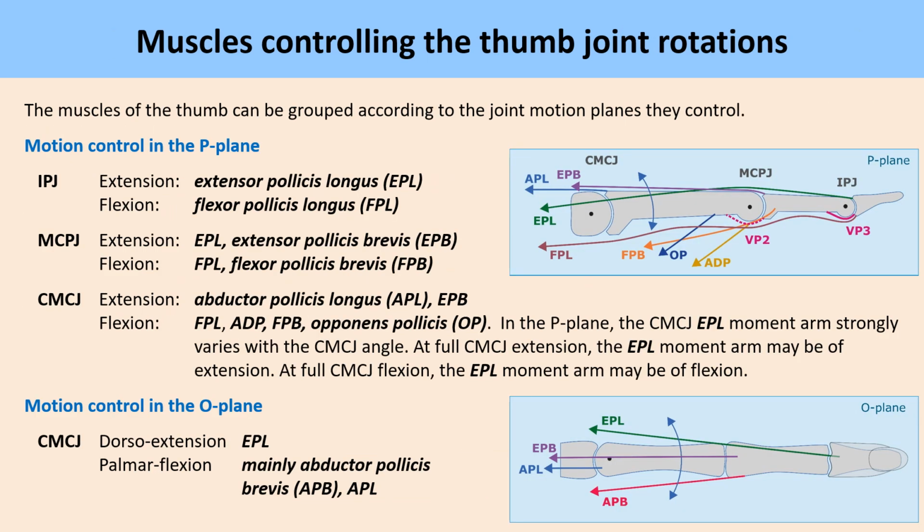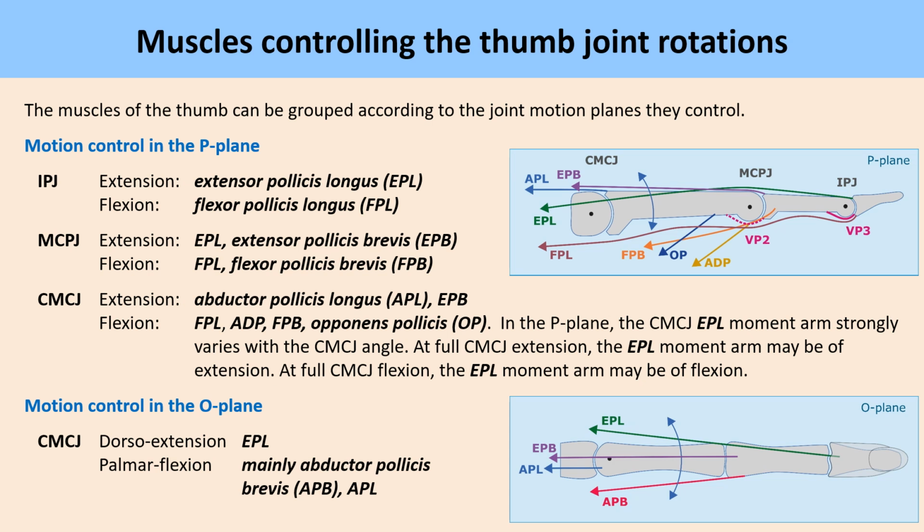The muscles of the thumb can be grouped according to the joint motion planes they control. Motion control in the P-plane. IP joint: extension by the extensor pollicis longus, flexion by the flexor pollicis longus. MCP joint: extension by the extensor pollicis longus and extensor pollicis brevis, flexion by the flexor pollicis longus and flexor pollicis brevis.